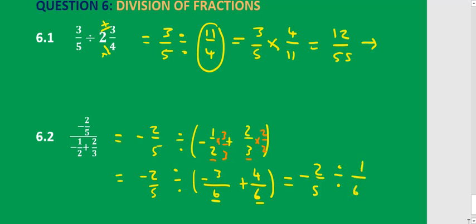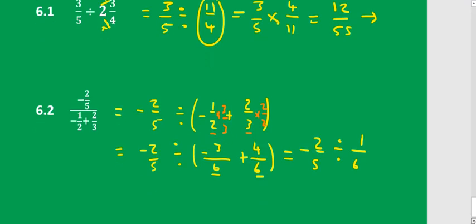Alright, and once we get to the point, we can once again change the division to a multiplication. So we've got negative 2 over 5 multiplied. Remember, if you change the division to a multiplication, the fraction at the end will also become an inverse. So 1 over 6 becomes 6 over 1.